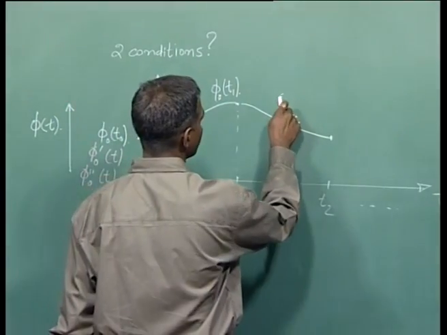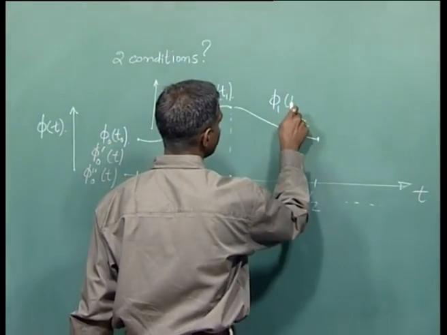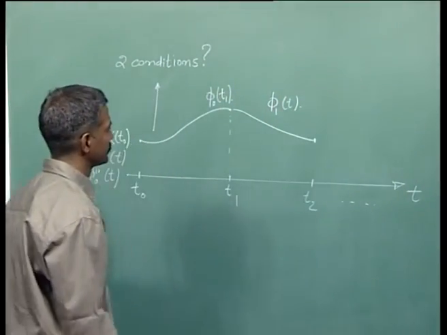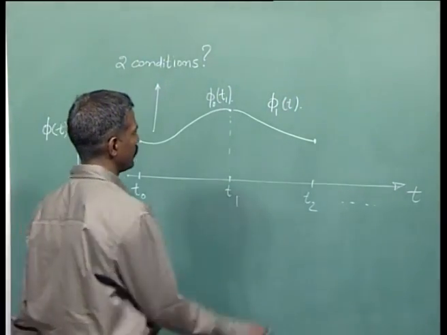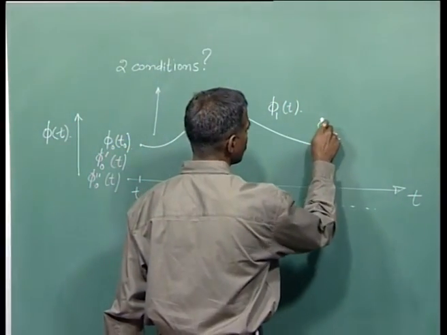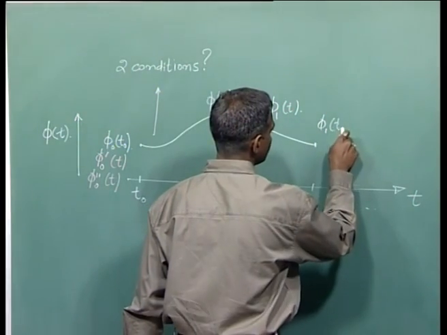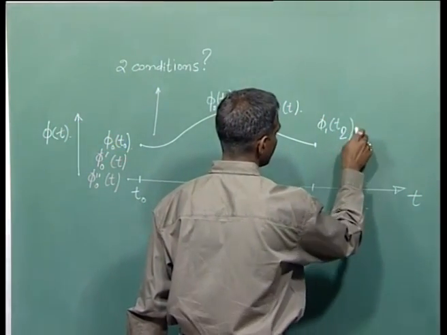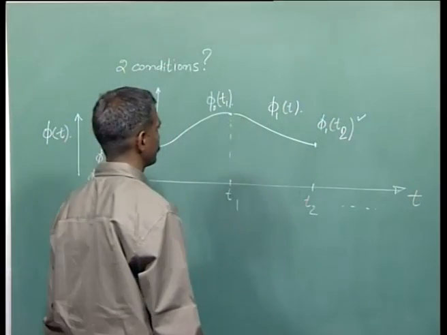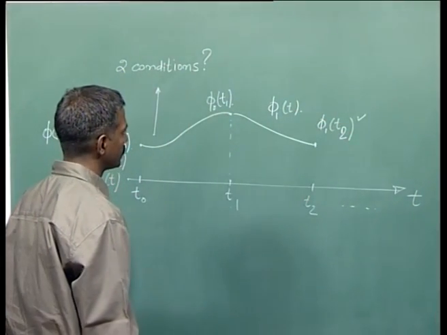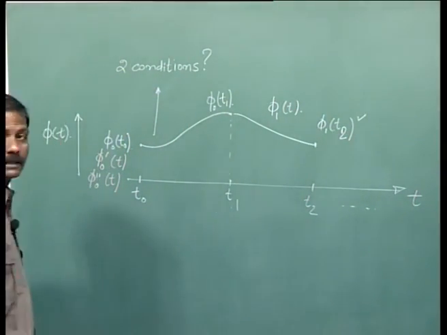Let me call this phi 1 of t. Phi 1 of t at t2, let's say, is known. That is the first condition. How about the other three conditions?